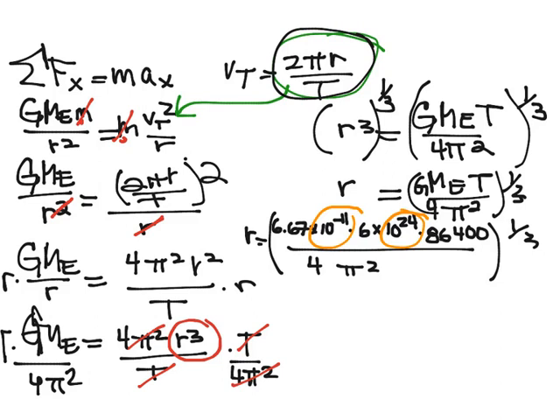If you do it all in one step on a graphing calculator, you should get the radius is 9.57 times 10 to the 5th meters.